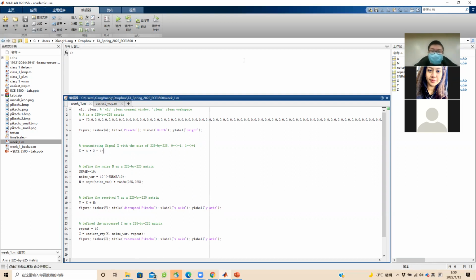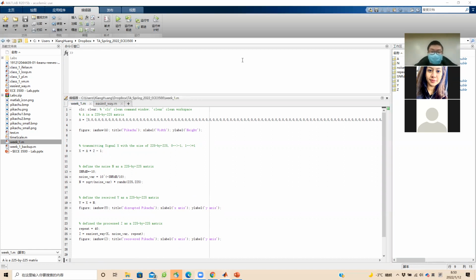Originally, we only have 0 and 1 in our information. If we transmit this pattern, the distance between these two symbols is just 1. If we transmit -1 and 1, you can see the distance is bigger, right?